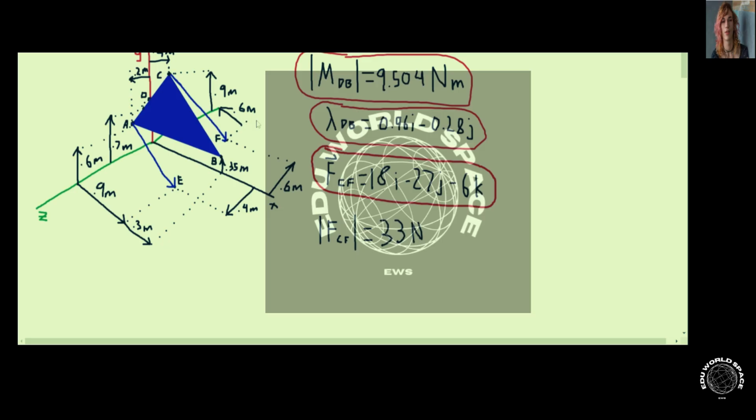So to begin this problem, we're going to first find the parallel component of this force vector, this CF force vector.